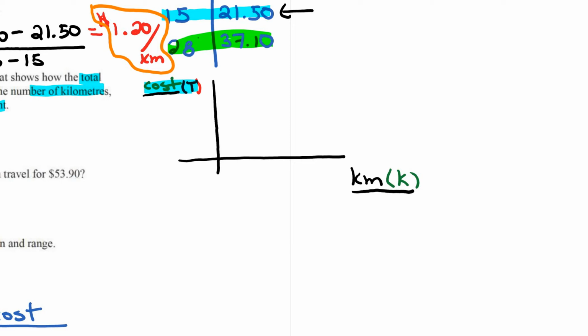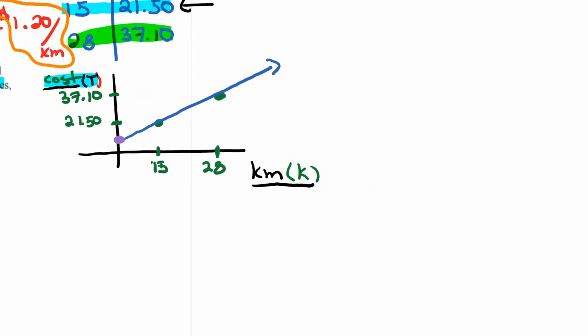If I drive 15 kilometers, the cost is $21.50. If I drive 28 kilometers, the cost is about $37.10. I need to draw a line here and find the equation of that line, and also find the y-intercept.